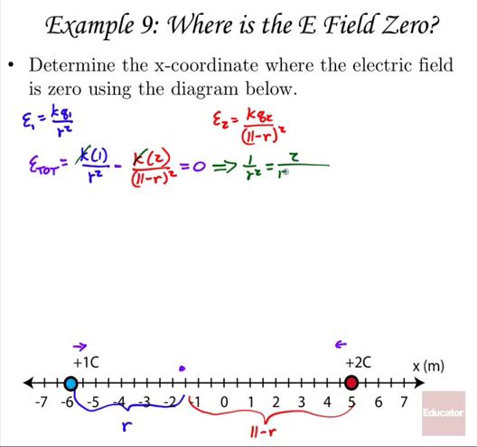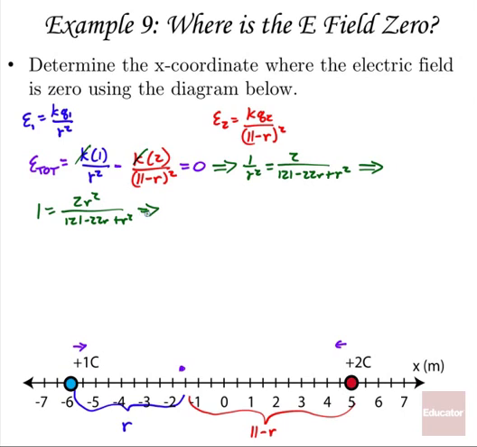That'll be 121 minus 11R, which is minus 22R, plus R squared. So now a little bit of math here. If I multiply both sides by R squared on the left-hand side, I get 1 is equal to 2R squared over 121 minus 22R plus R squared.